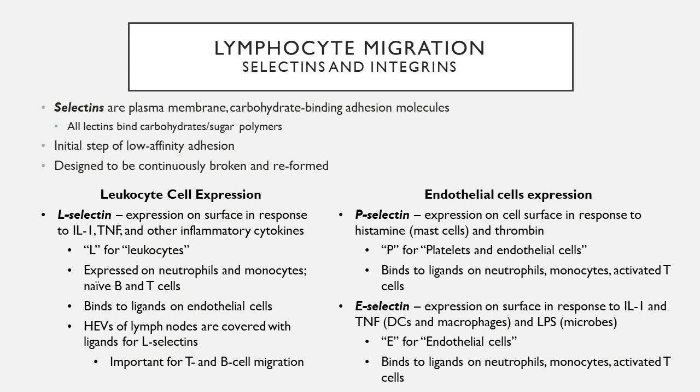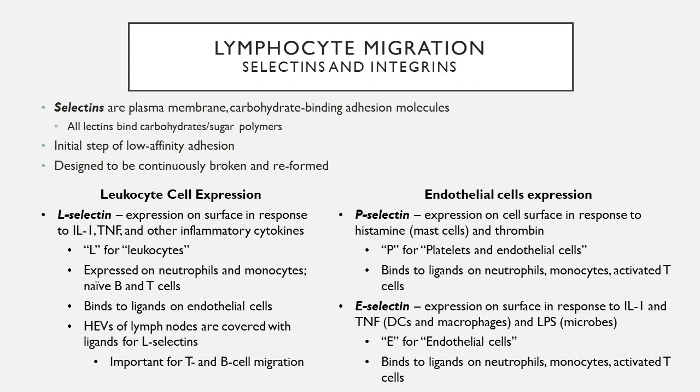Now, these selectins on the cells bind to various types of ligands that are found on endothelial cells. Okay, so it's important to note that whenever I say a selectin, it's not a receptor, but it's a surface molecule, and then the ligands are what get bound. Okay, so leukocytes express the L-selectins, and then endothelial cells have the ligands for these selectins on the leukocytes.